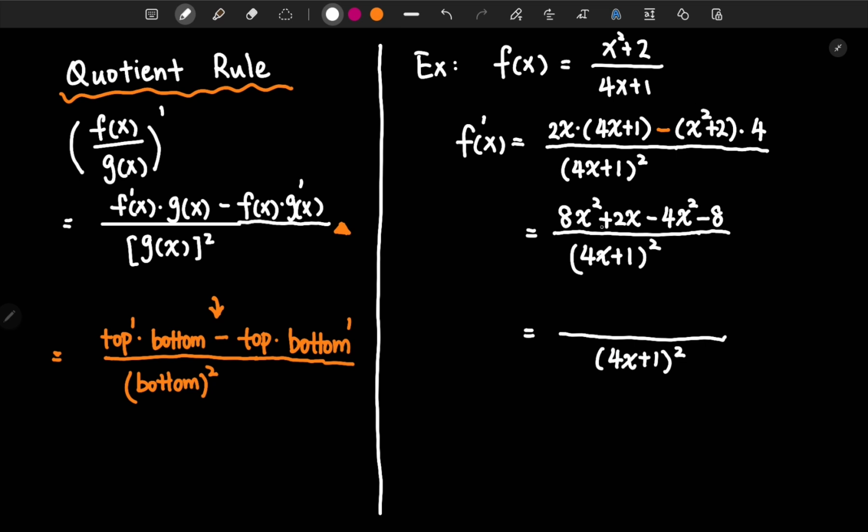The top, we simplify the terms to 4x squared plus 2x minus 8. So here you got your answer. Overall, the quotient rule is a bit long. Two things to notice. One is the sign is a minus sign. The other is the order of who takes the derivative first. Always remember, you want to take the derivative of the top portion first.